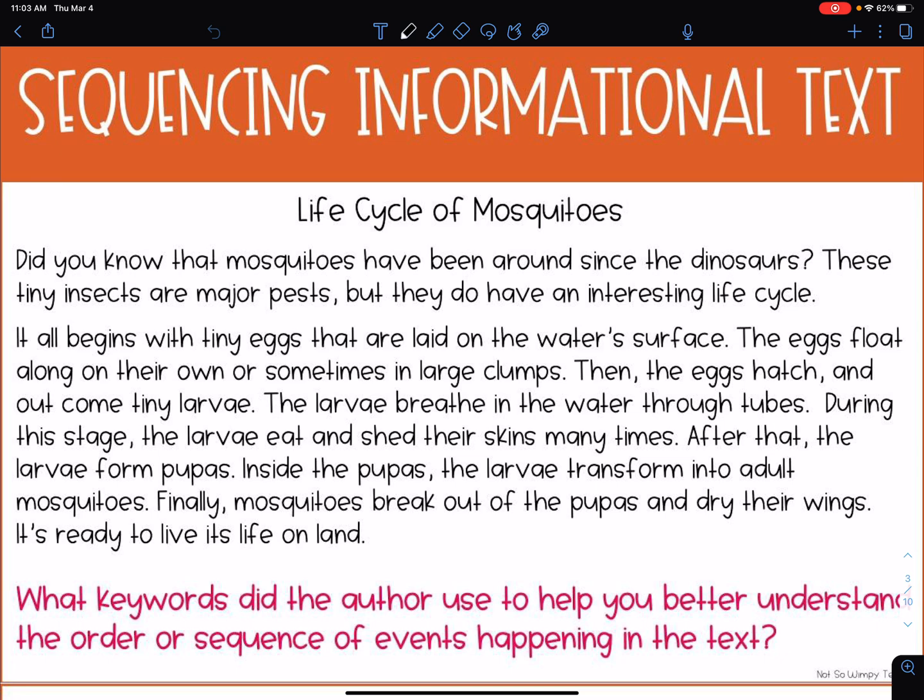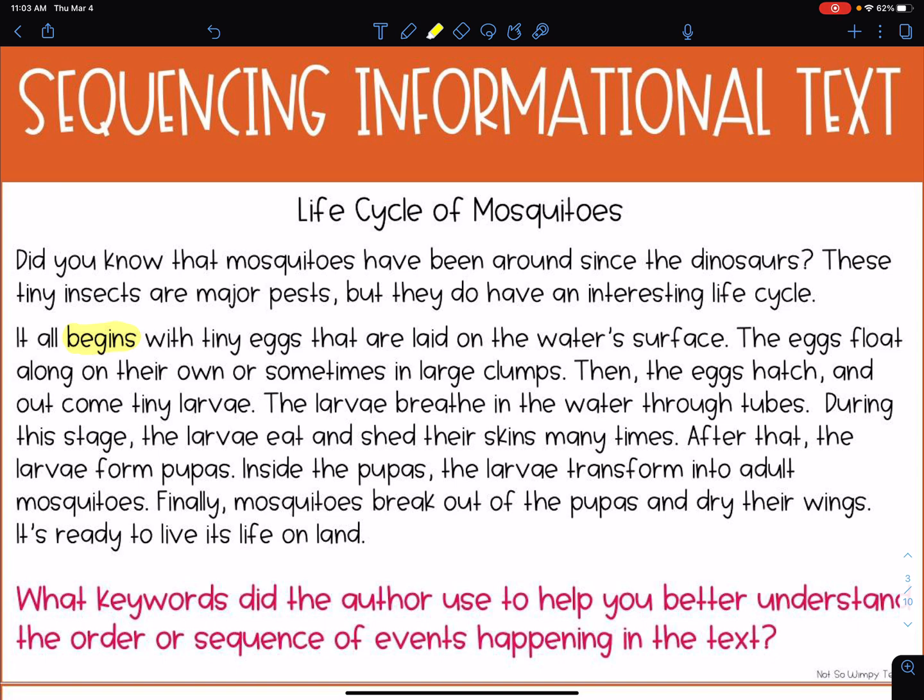So, in this text, what keywords did the author use to help you better understand the order or sequence of the events happening in the text? Can you take a minute to spot those? So, we can spot some keywords. I see the keyword begins, so I'm thinking that's how they start.